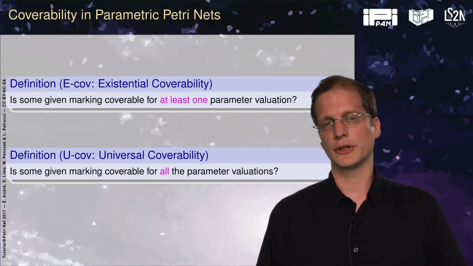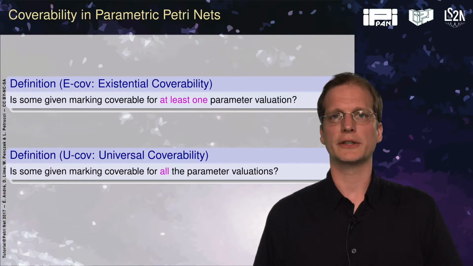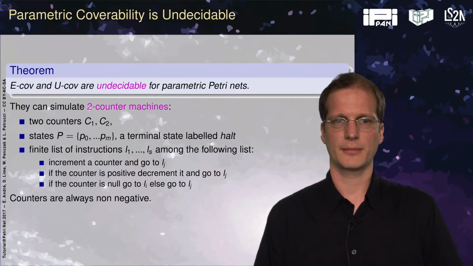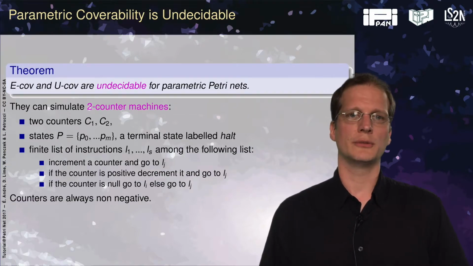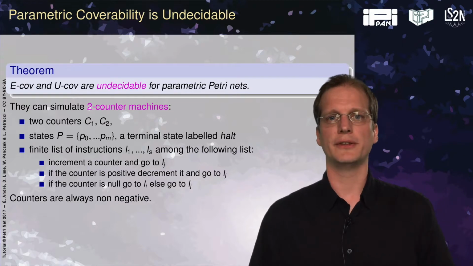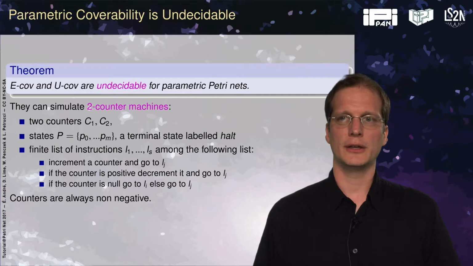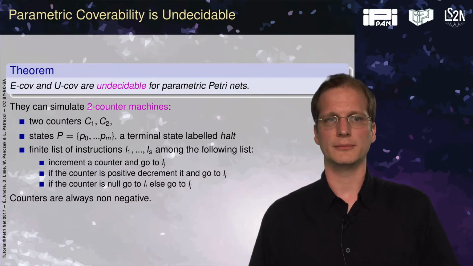Or universal coverability: is some marking coverable for all the possible values of the parameters? Then of course the most interesting problem will be synthesis, as we have seen in another sequence, in which we compute all the values such that some marking is coverable.